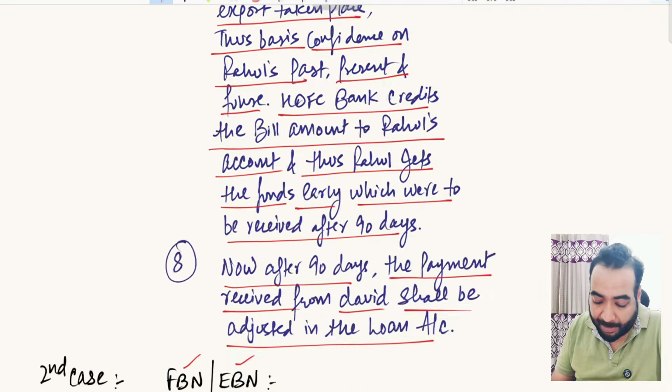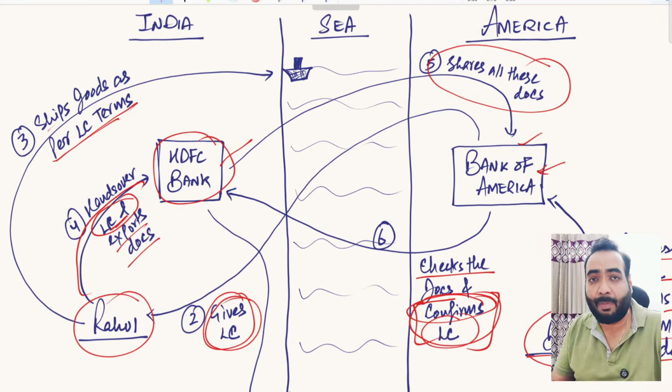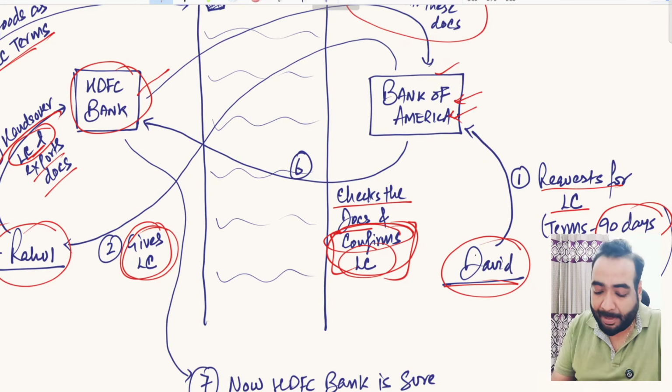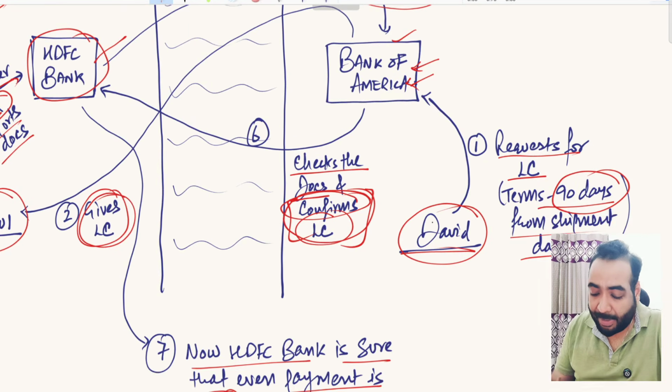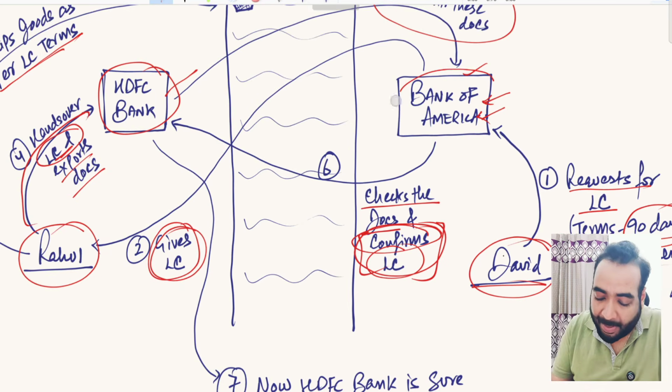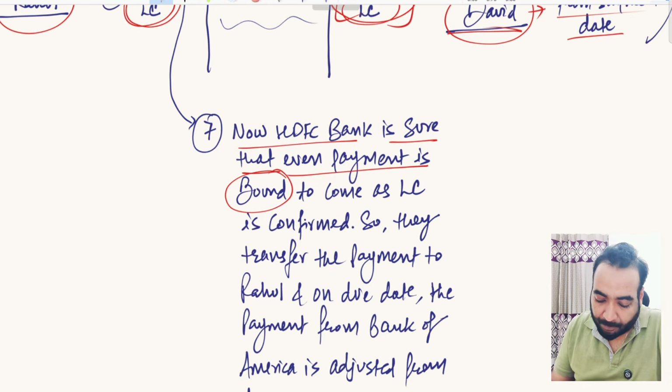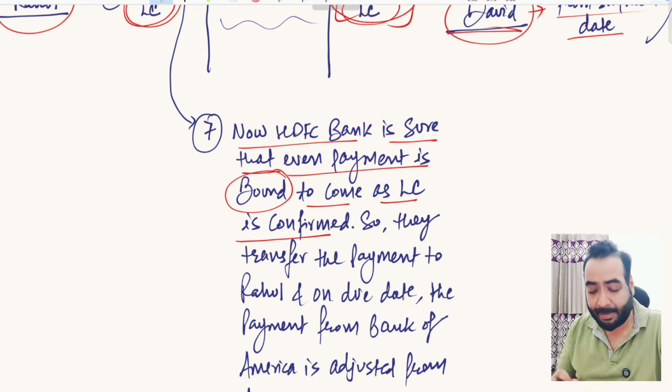But in this scenario, there is zero risk involved because the Bank of America is involved here and it has issued LC. Now, even if David doesn't pay after 90 days, Bank of America has to make the payment of this transaction out of its own pocket, right? So the payment is 100% sure here, right? So even payment is bound to come as LC is confirmed LC only.